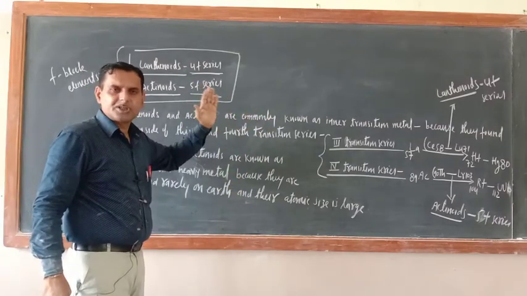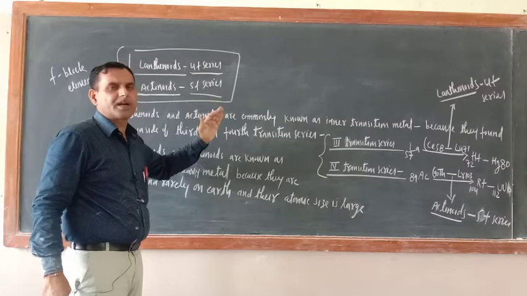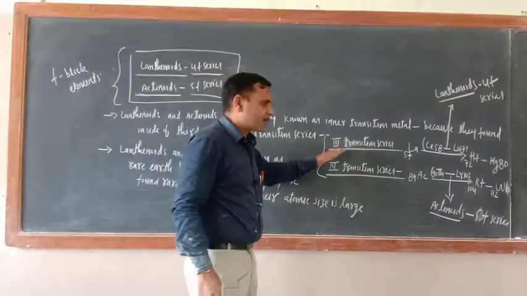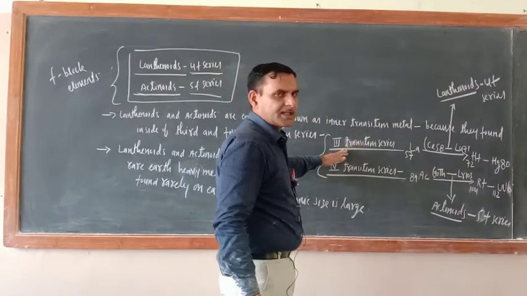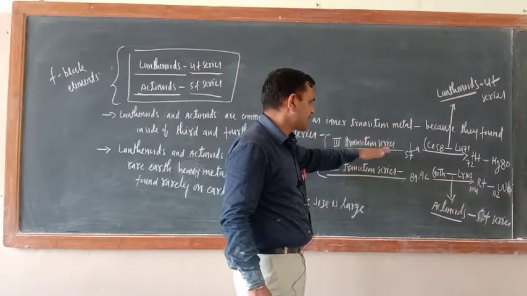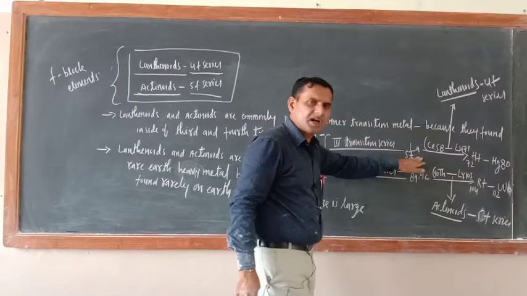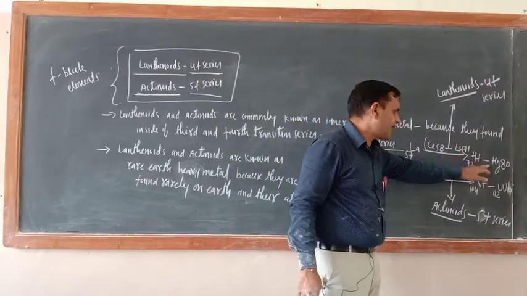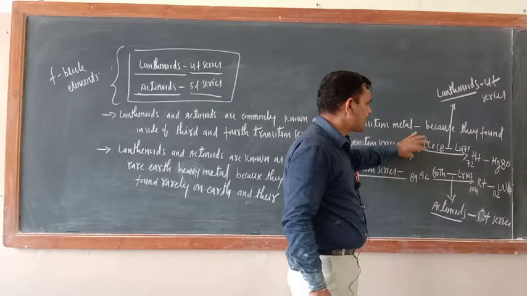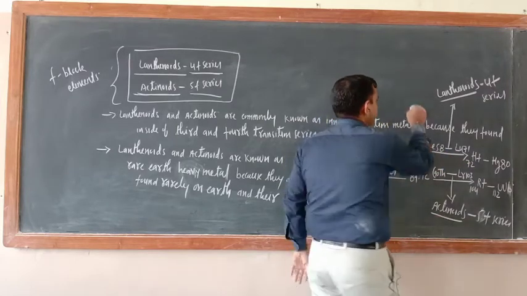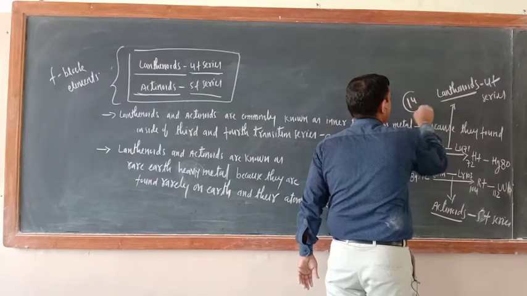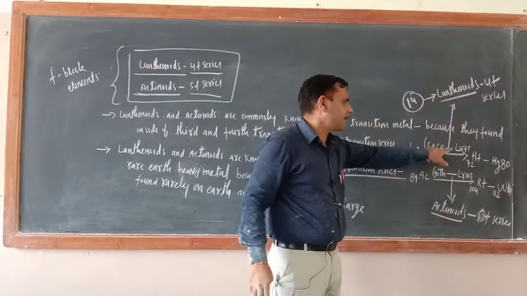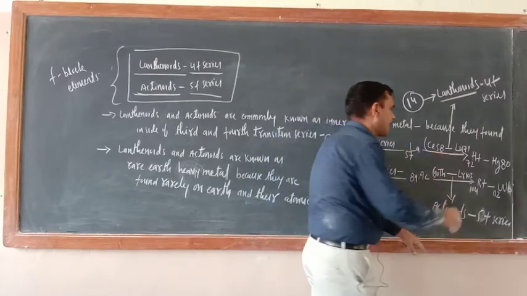When I was teaching you transition series, at that time I taught you why they are known as inner transition elements, because they are found inside the third and fourth transition series. The third transition series starts from lanthanum 57 and goes up to Hg 80, but after 57 there is a gap of 14 elements, starting from cerium 58 to lutetium 71.